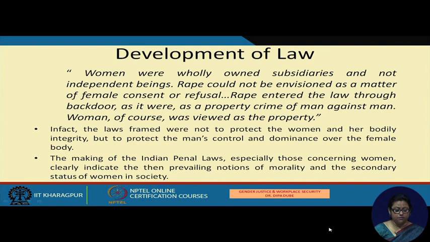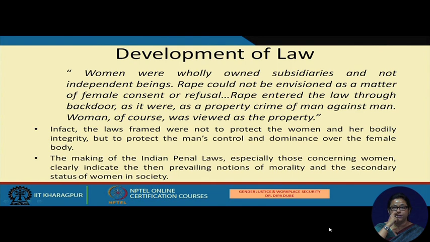even the making of the Indian Penal Code, especially those concerning women, clearly indicates the then prevailing notions of morality and the secondary status of women in society.